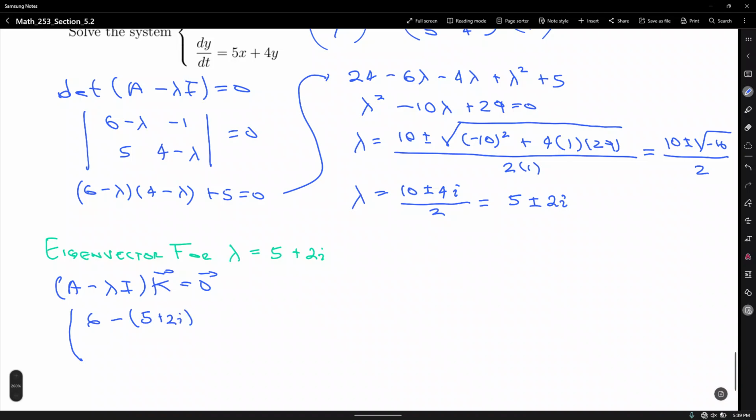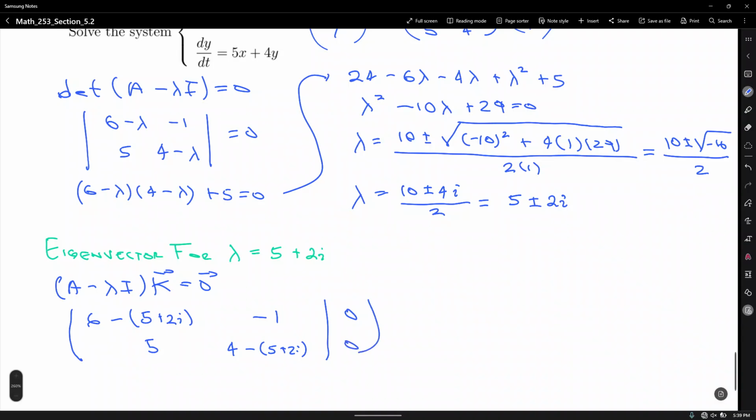The next element becomes a negative 1, and then 5 remains 5, and then this would be negative 1 here. That is 4 minus 5 plus 2i.